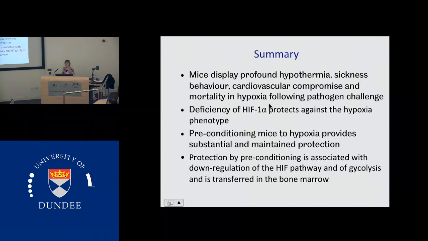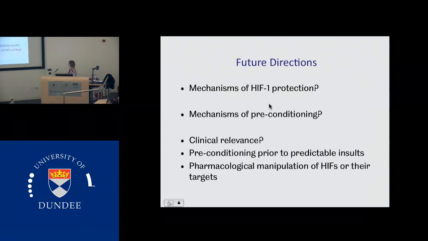So we suspect that the cardiac phenotype that we see is a consequence, and this is maybe oversimplifying it, of lack of glucose availability systemically and utilization of those glucose stores by the leukocytes.